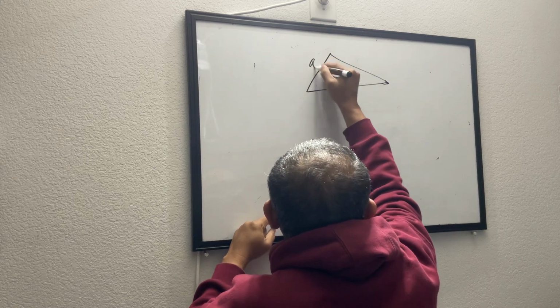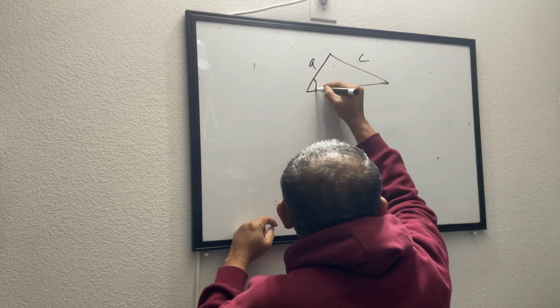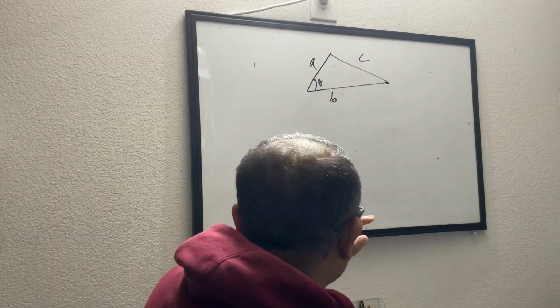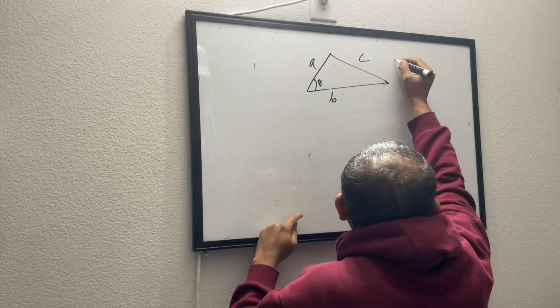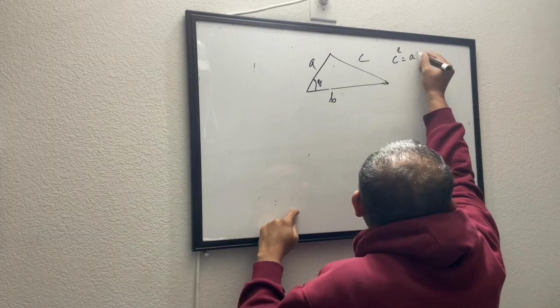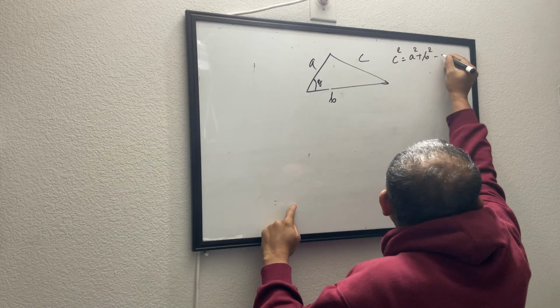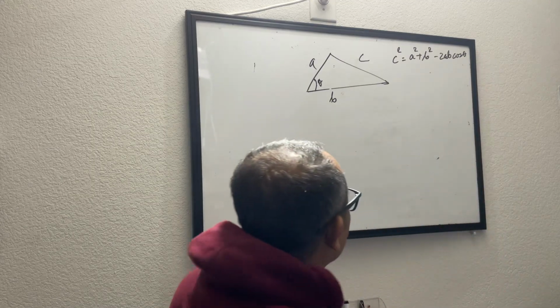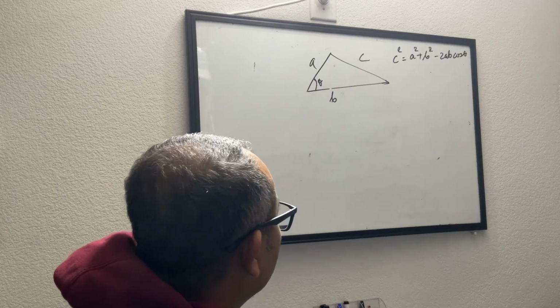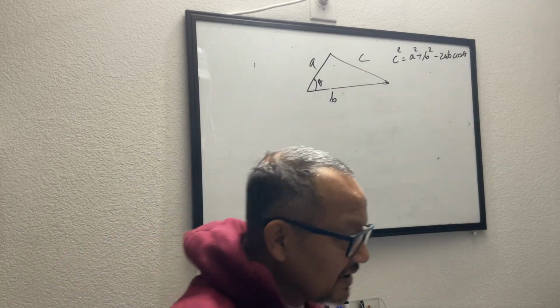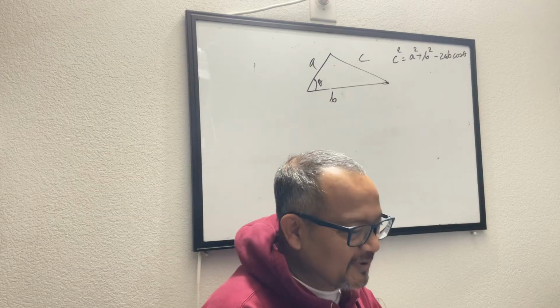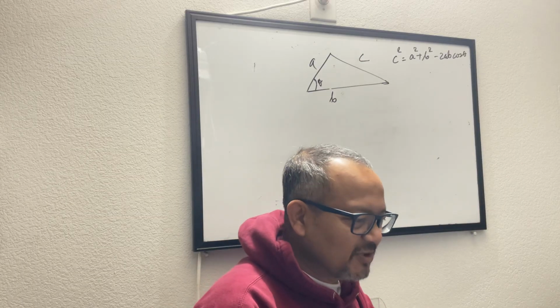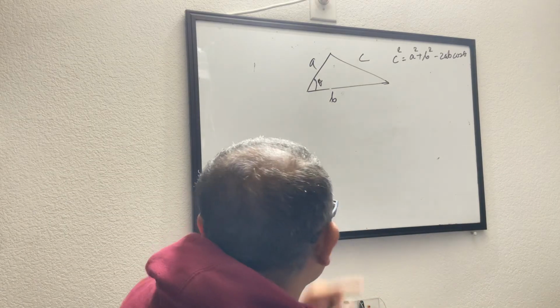This is A, this is B, and this is C, and this angle is theta. The law of cosine says C squared equals A squared plus B squared minus 2AB cos theta. If I get stuck somewhere, then I'll explain that in the next class with Vedansi also being there. But let's give it a try.